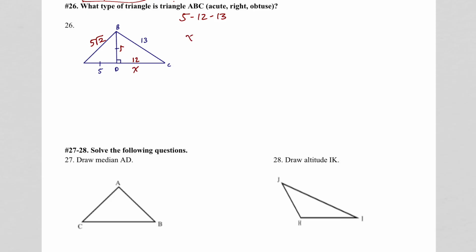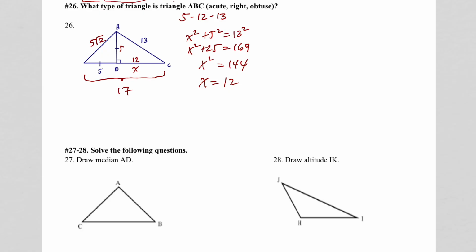Then x squared plus 5 squared is equal to 13 squared. So x squared plus 25 is equal to 169, so x squared is equal to 144 when we subtract. So x is the square root of that, which is 12. That tells us that this entire side from here to here is 5 plus 12, or 17.